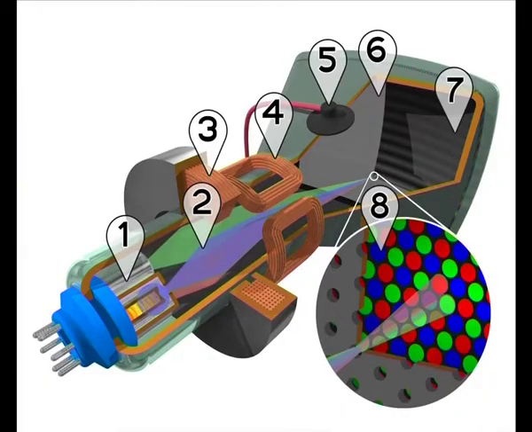On the back of the glass face of a CRT are thousands of phosphorescing chemical dots. These dots are each about 0.3 mm or less in diameter and are positioned very carefully and very close together, arranged in triads of red, green and blue.